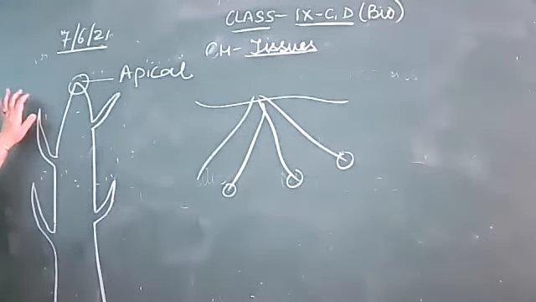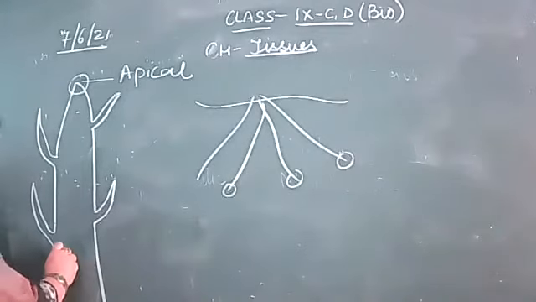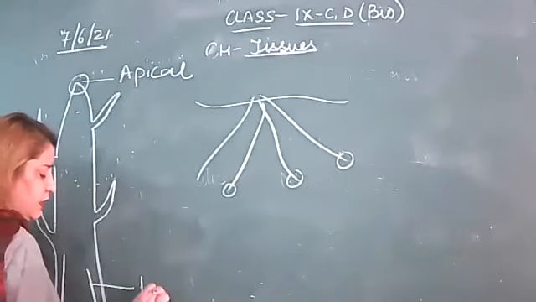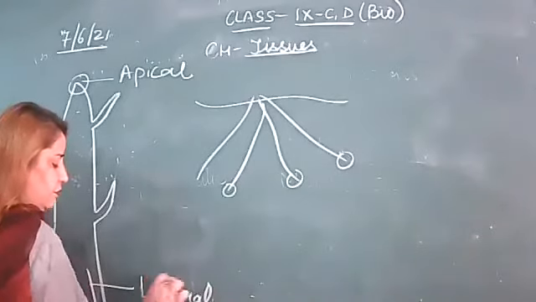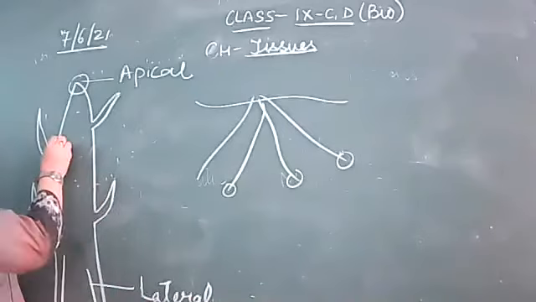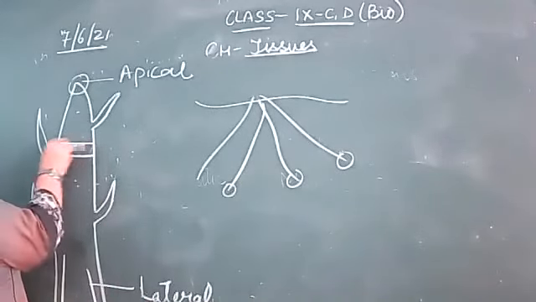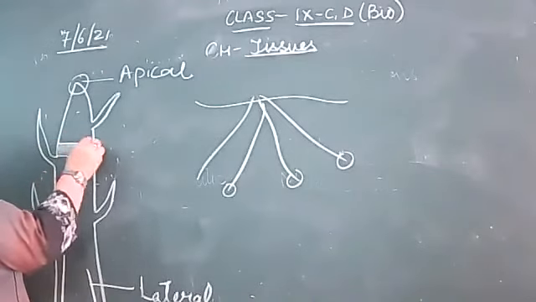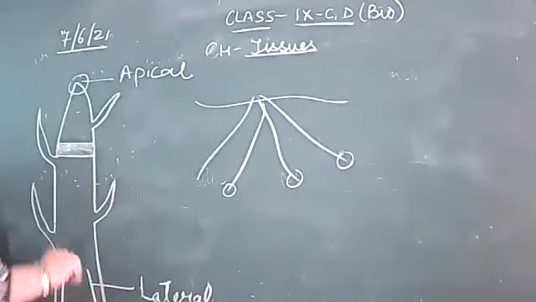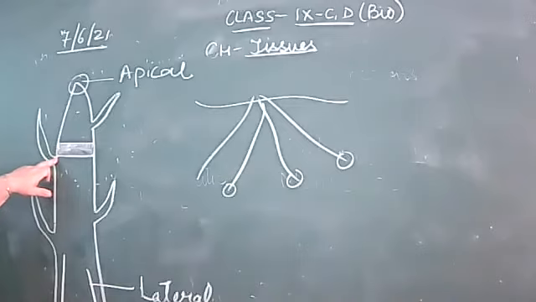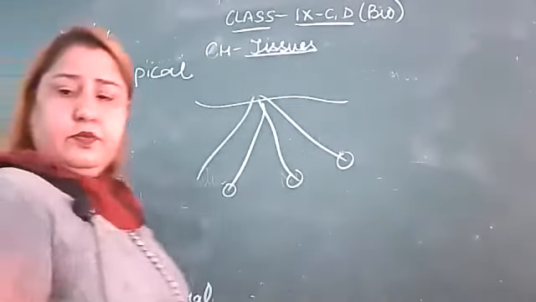Then the lateral meristematic tissues are present here, these are the lateral ones. Intercalary tissues are present here, between the nodes and the internodes.